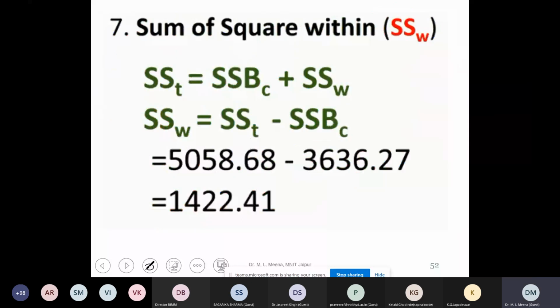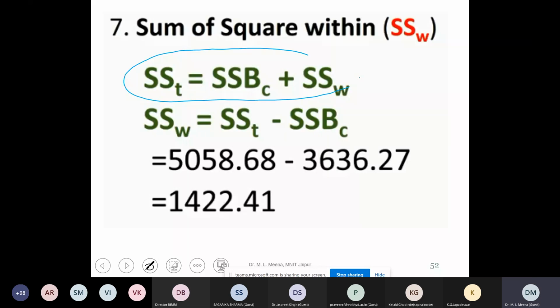Now next, sum of square within, SSW. We know that total sum of square is equal to SS between cells plus SSW.